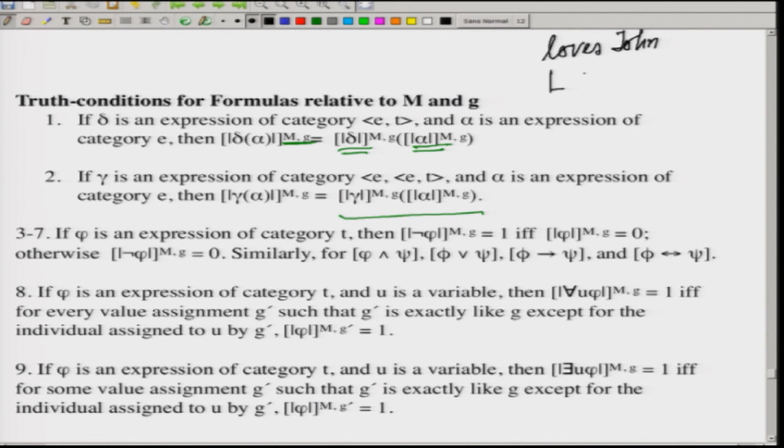You remember that with L what comes is the object, not the subject, so L and J. So this is e to t and this is e when they come together.